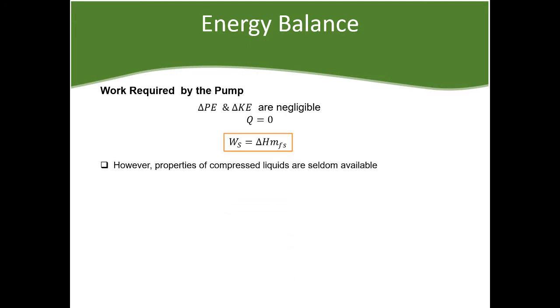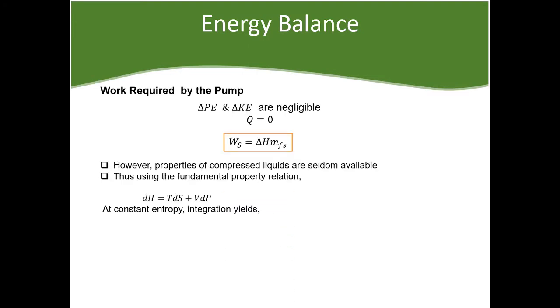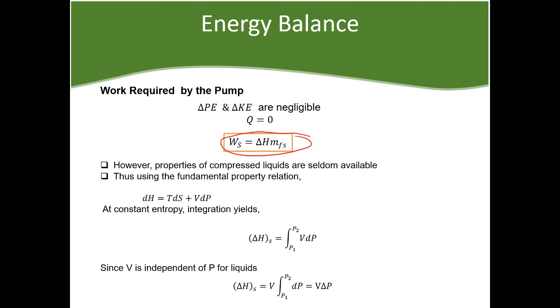And then sa pump, na-solve na rin natin to sa previous lecture, diba? Ito rin yung working equation natin sa pump, pero nga, since pwede natin i-utilize yung fundamental property relation para ma-solve, kasi wala tayong data ng subcooled liquid. If we do that, basically, yung delta H_S natin is just V delta P. Okay, so bakit nga ulit?